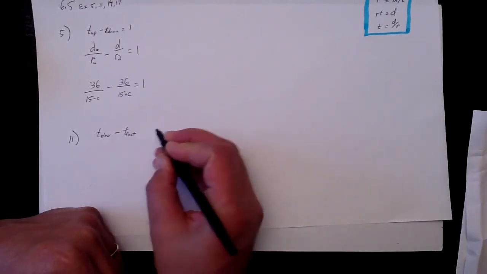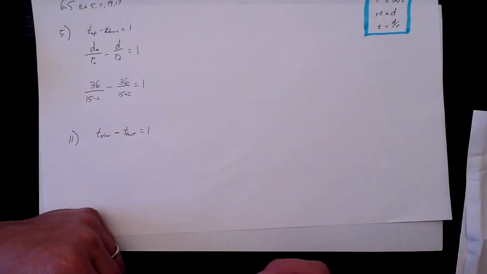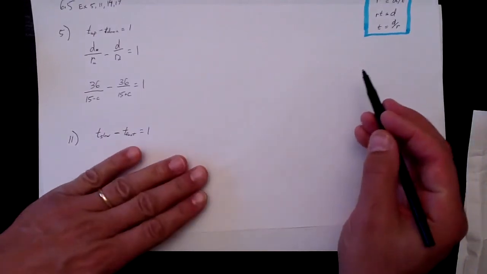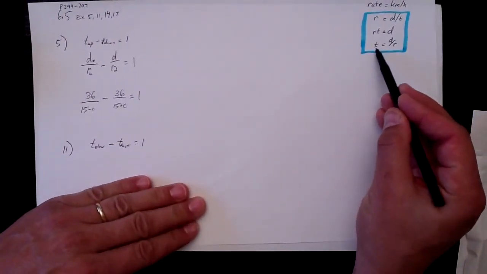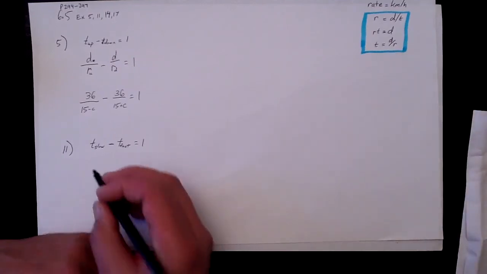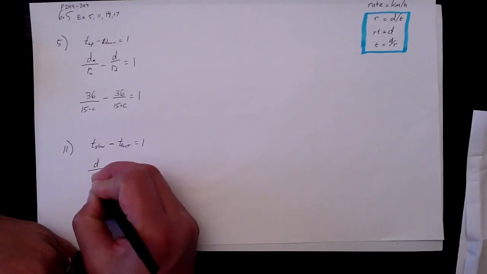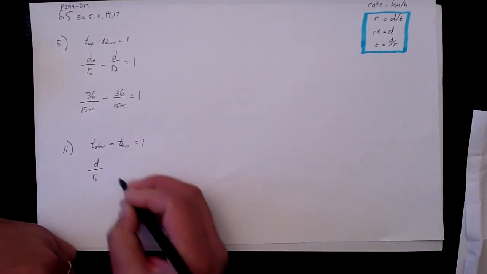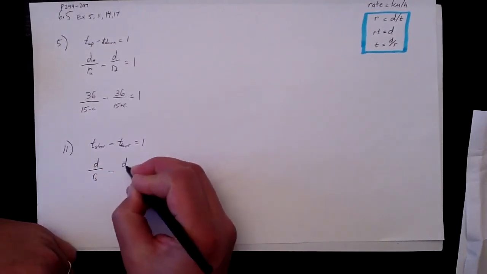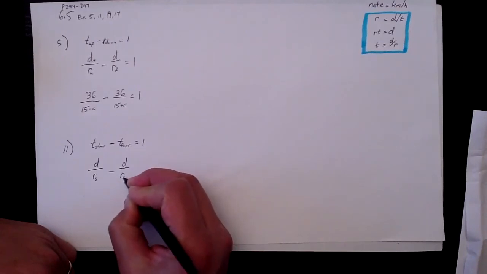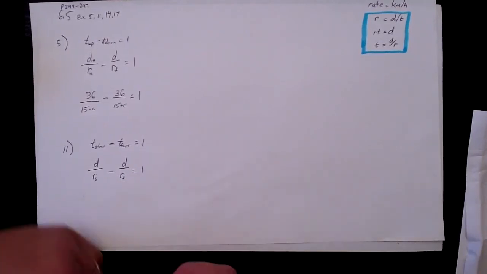So if we subtract the fast time from the slow time, we should get 1 hour. Once again, we look at our little toolkit up here and we see that time is distance over rate. So we'll go distance over rate slow minus distance over rate fast equals 1 hour.